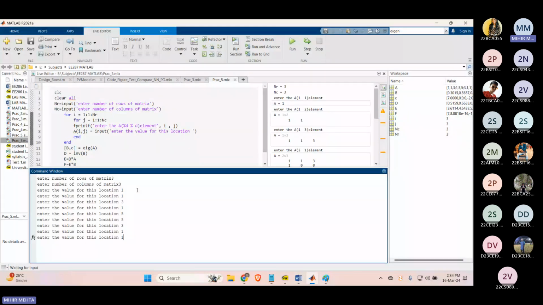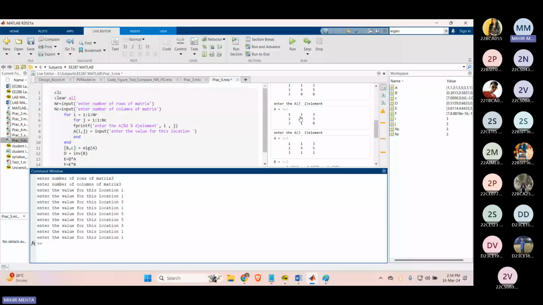So when we talk about fprintf, it would be shown on the output side. Whereas when we want input, this particular statement will ask whatever you want the user to enter, such as enter the value for so and so location, or enter the number of rows and columns. In some other code, if you want to ask the user something else, you can do that as well.